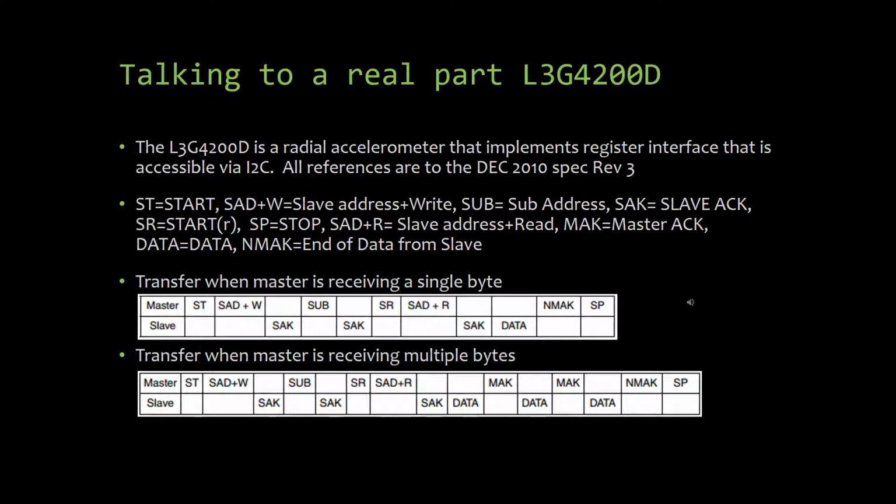Actually, all these acknowledges are from the master. And then the last data byte followed by a NACK followed by a stop.